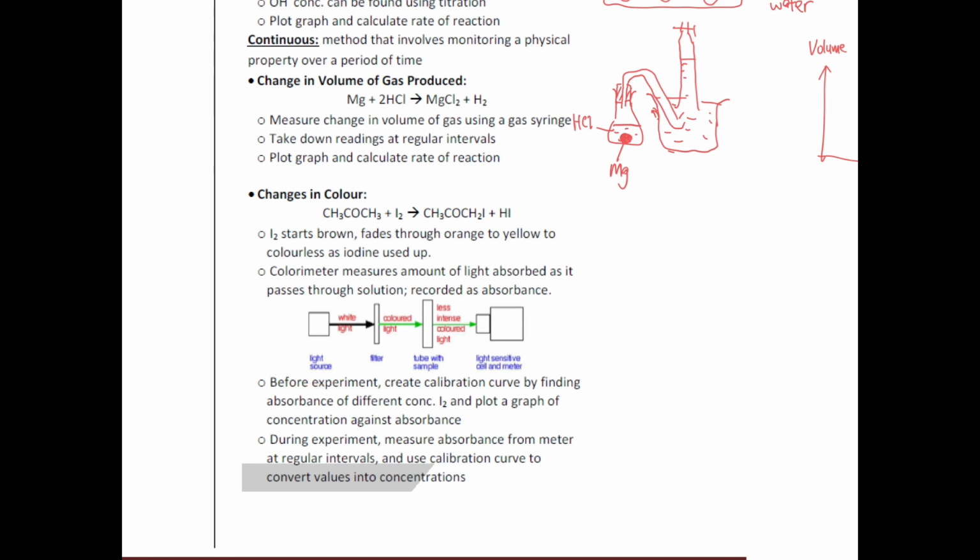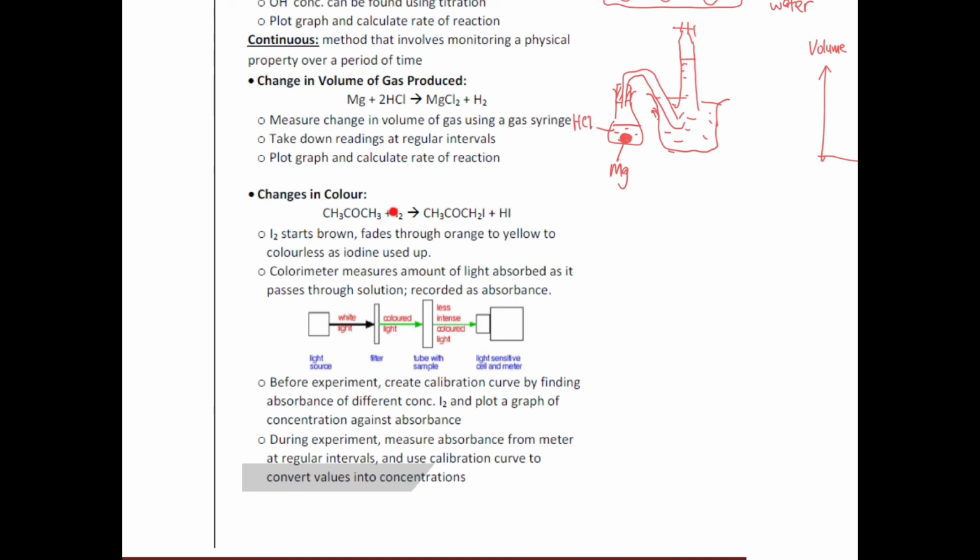So, more information here. They say before the experiment, create a calibration curve by finding the absorbance of different concentrations of I2 and plot a graph of concentration against absorbance. That means before the experiment, you don't let these two react straight away.